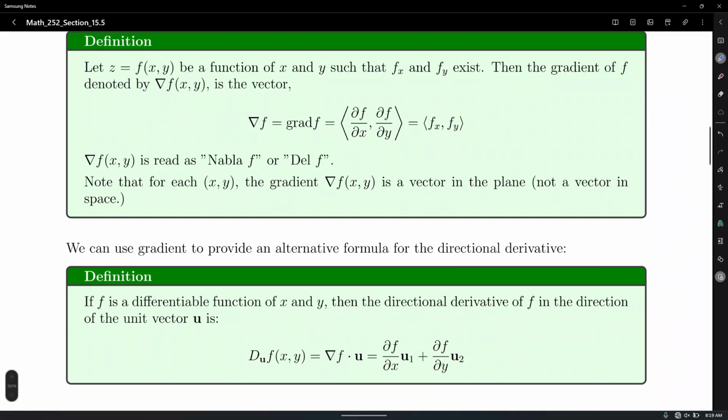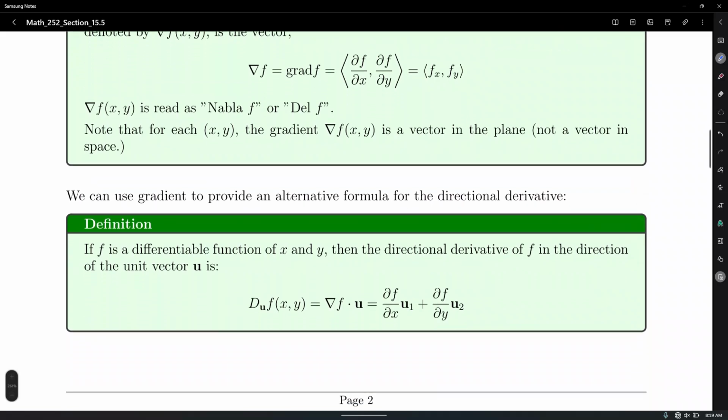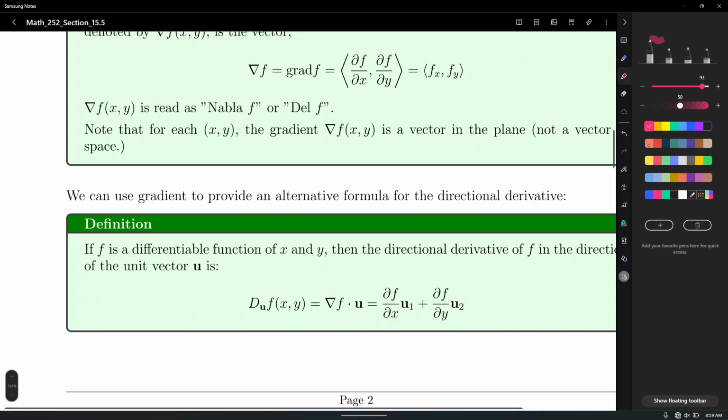And again, putting it all together, so actually another way to describe the directional derivative, now that we know what the gradient is, it's simply the dot product between the gradient vector and the unit vector in the direction in which we want to know that directional derivative, right?